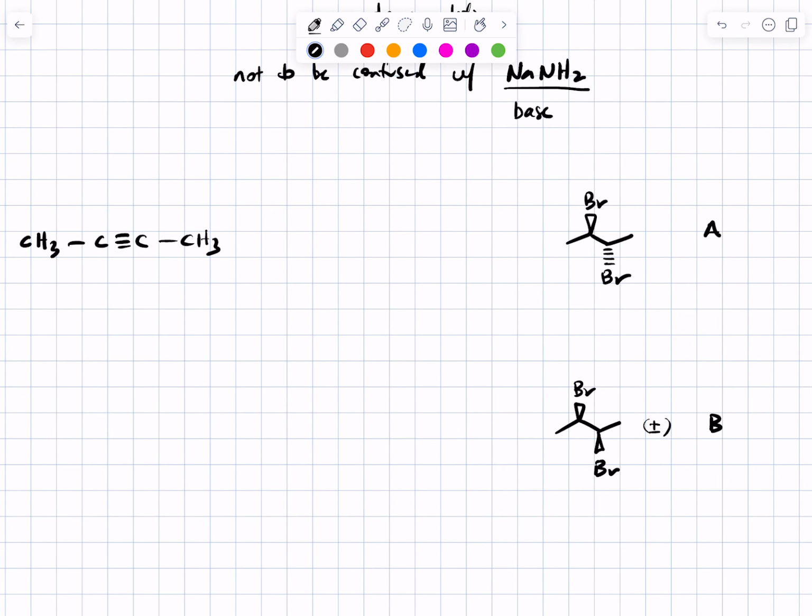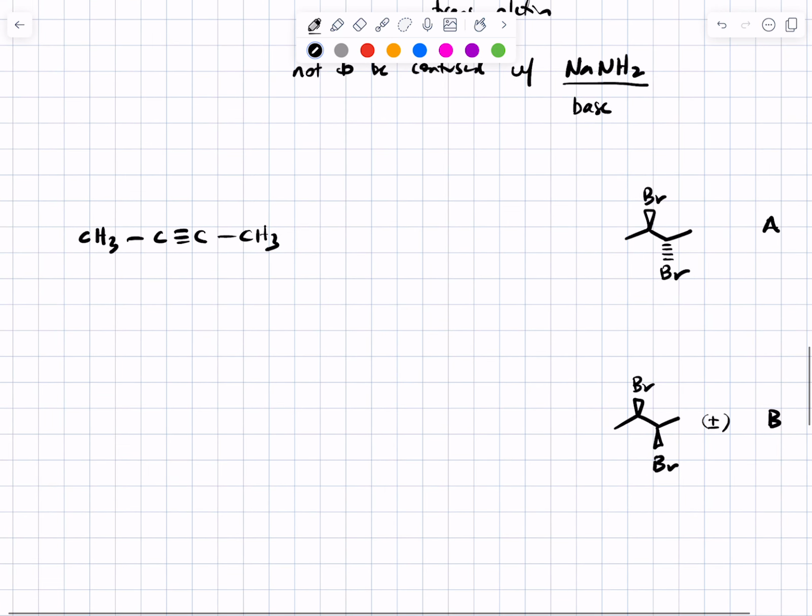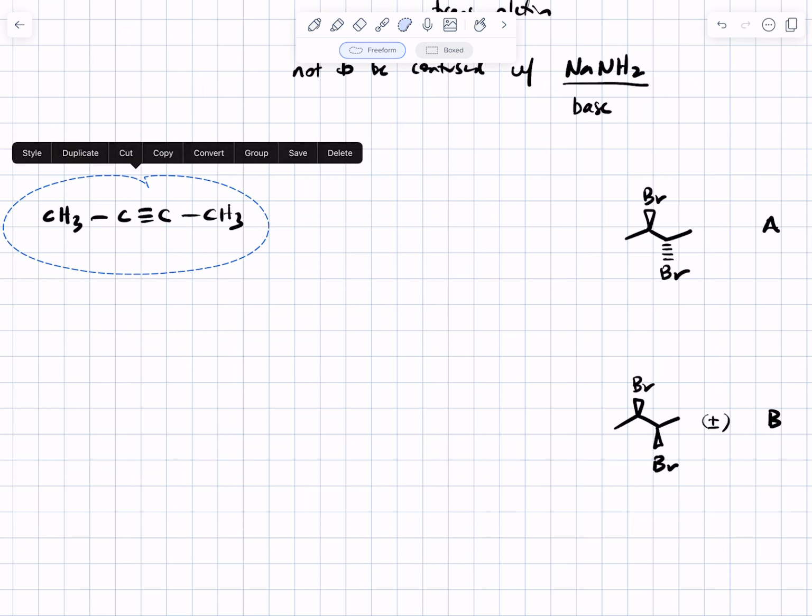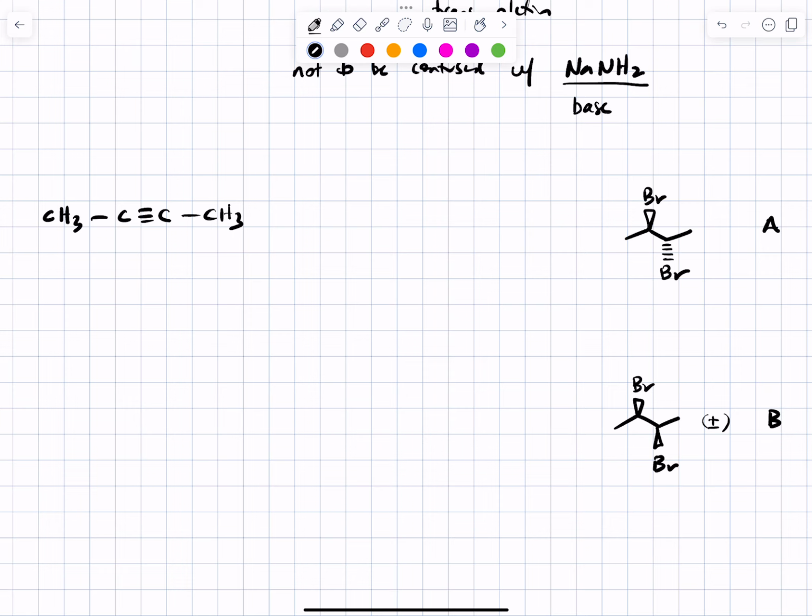Now, how do I get A or B from this same starting material? You're going to have to think backwards a little bit. First, notice that both products are 1,2-dibromides, or vicinal dibromides. We know what reaction gives us a dibromide. It's alkene halogenation.